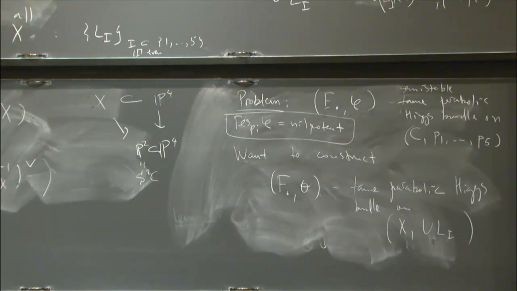Phi is a map from E, for any value of the parabolic level, to omega 1c with poles at the 5 points.